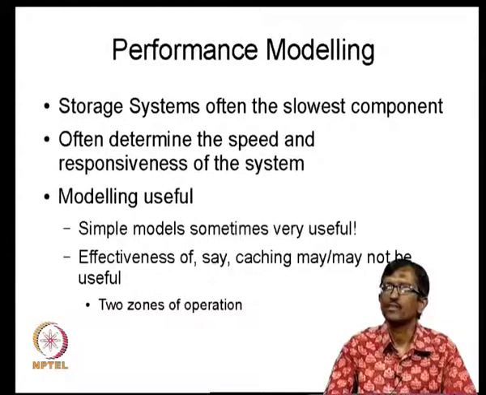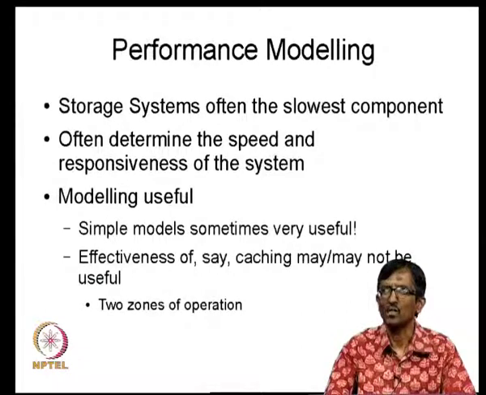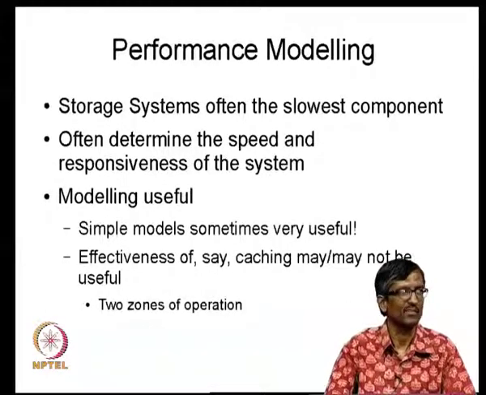Then suddenly all the optimizations that you assumed with respect to caching no longer work, and you will find that your system is really crawling. That is because of the wide disparity in the cache speeds and the disk speeds. If the caching somehow is off, you get into serious problems.